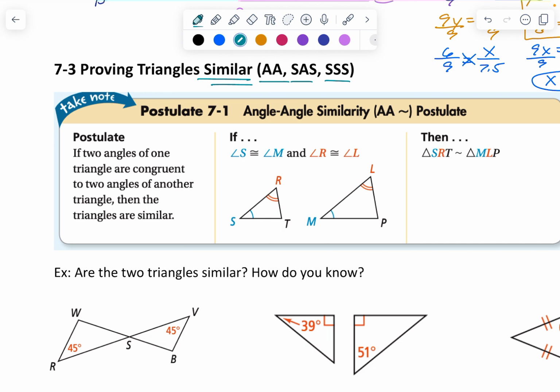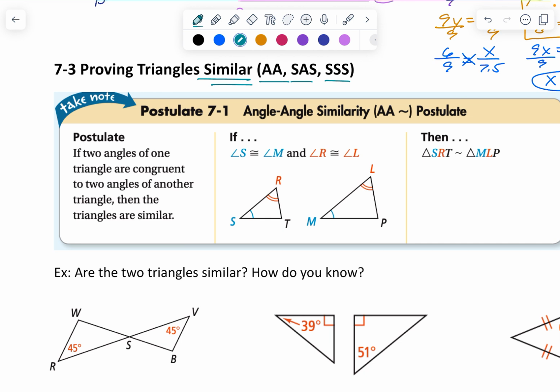First of all, if polygons are similar, then all their angles are congruent. Well, when it comes to triangles, we just need 2 congruent angles, because if two sets of angles are congruent, the thirds would have to be congruent because the sum of the angles in a triangle is always 180. So we just simplify things and say we just need 2.